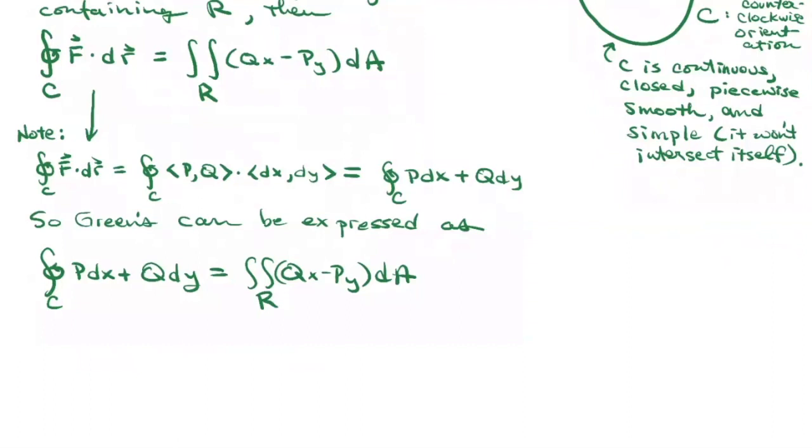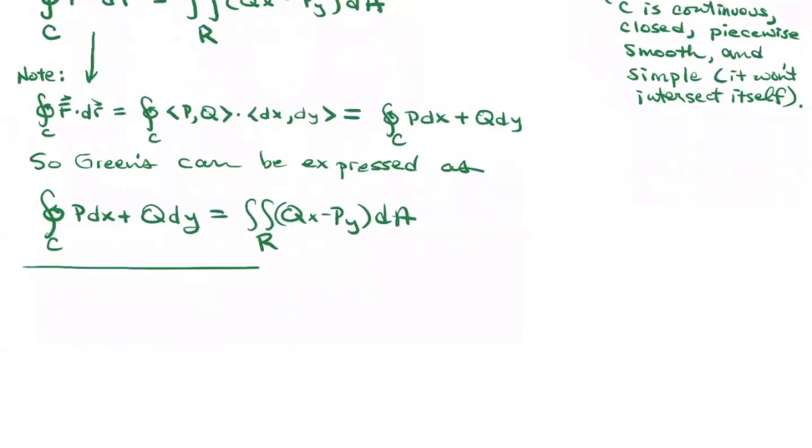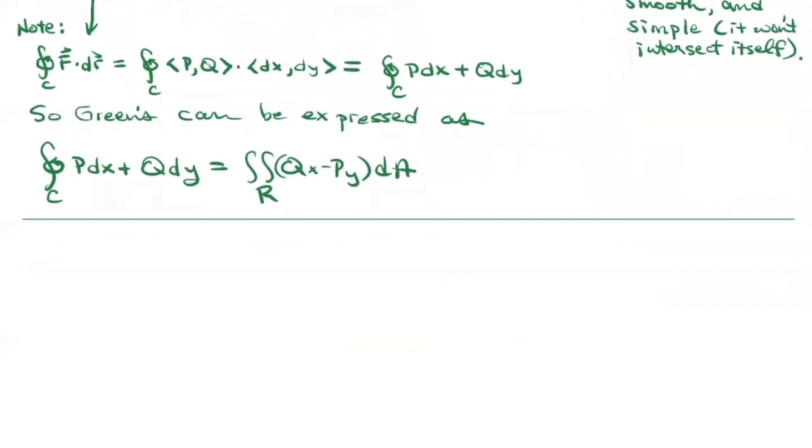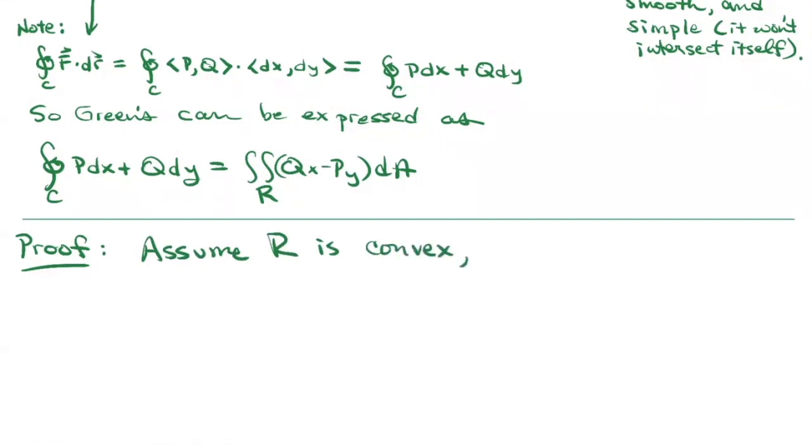So here it comes. Okay, so we're going to assume that it's a convex region. So we're going to assume R is convex and both type 1 and type 2. Type 1 I called vertically simple.